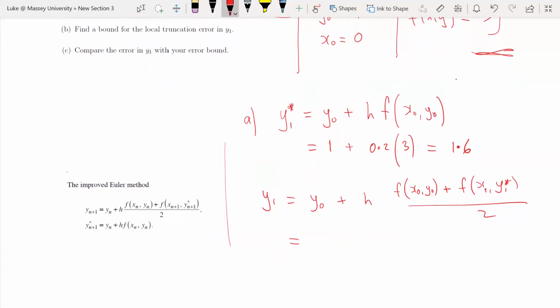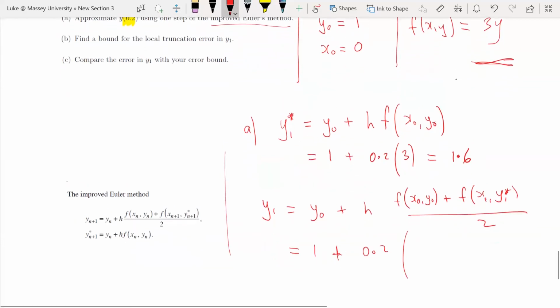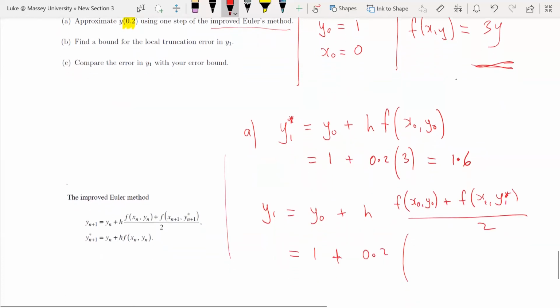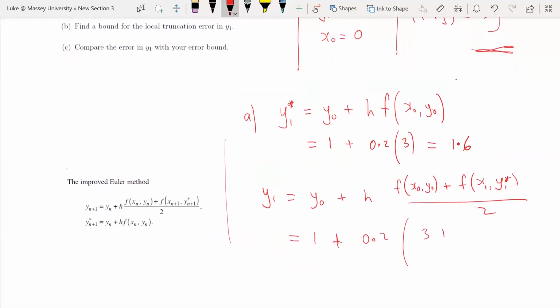Again, we'll check in the numbers. Well, y0 was 1, h was 0.2. The function f is 3y, so evaluate that at x0 equals 0, y0 equals 1. We get 3 plus 3 times 1.6, because our y1 star was 1.6. So 3 times 1.6 over 2.